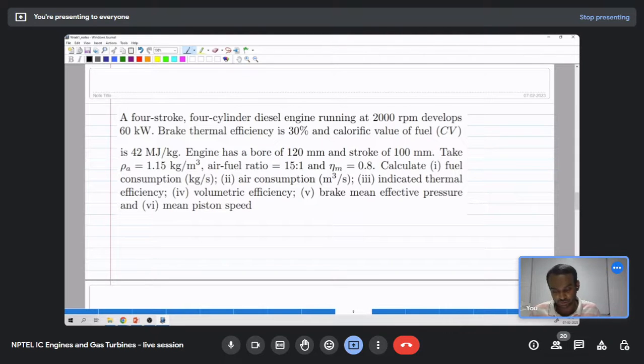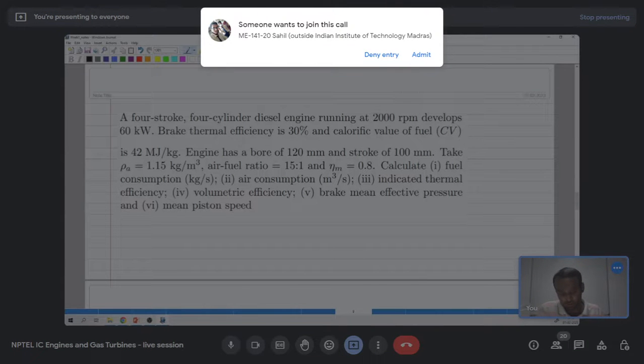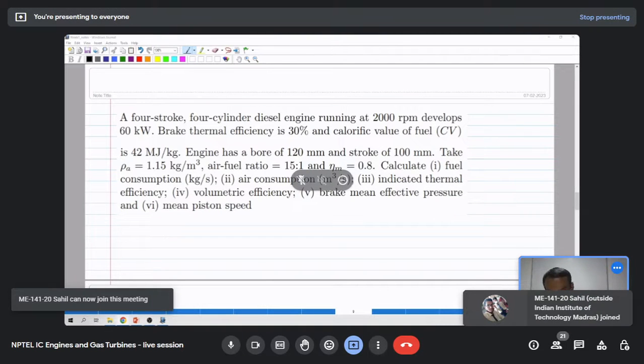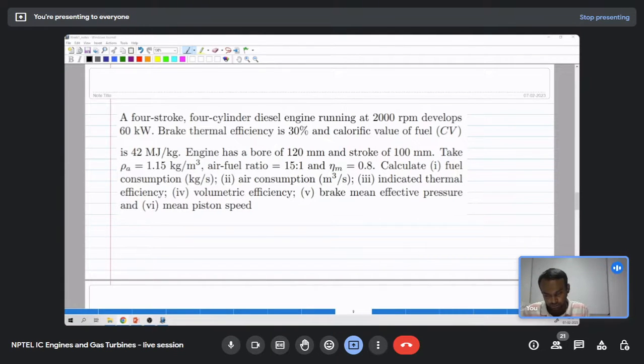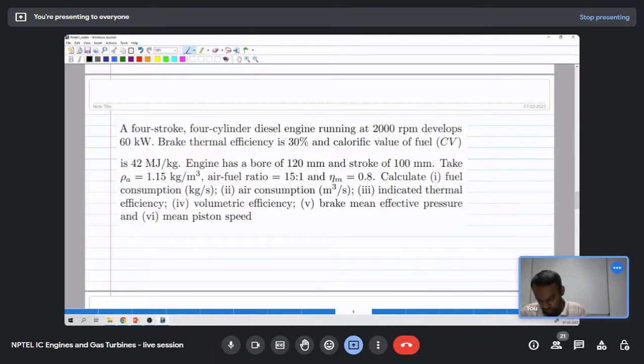We have a 4-stroke 4-cylinder engine running at 2000 rpm, developing 60 kilowatt. Brake thermal efficiency is given, calorific value is given. First we'll try to calculate the fuel consumption. We have brake power, which is 60 kilowatt. Brake thermal efficiency is given as 30%.